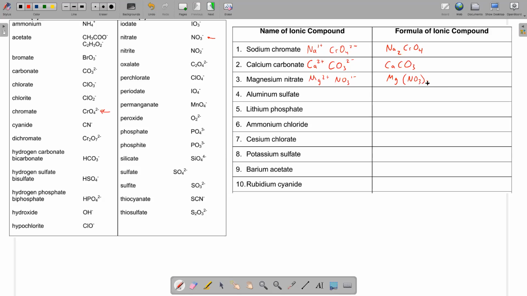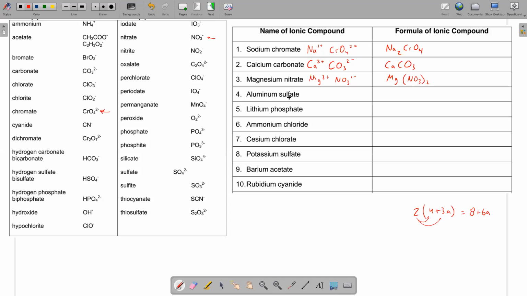That's because this 2 distributes in, much the same way as if you have 2 times (4 plus 3a), that's the same as 8 plus 6a. It's like you distribute the 2 by multiplying by the coefficients in each of the terms. It's the same kind of thing here, but sort of backward. 2 times 3 gives you 6 oxygens, and 2 times 1 gives you 2 nitrogens.